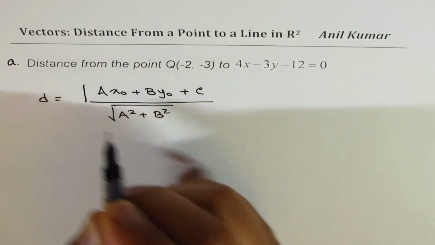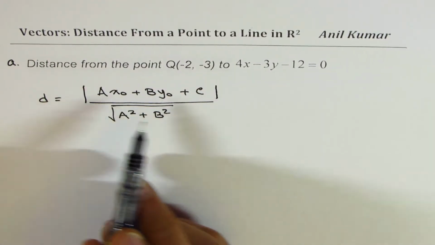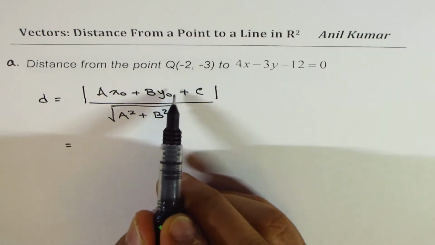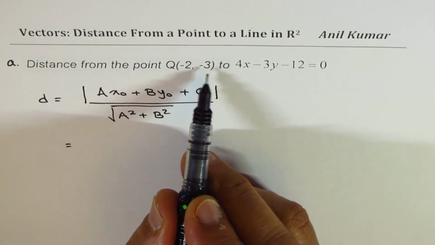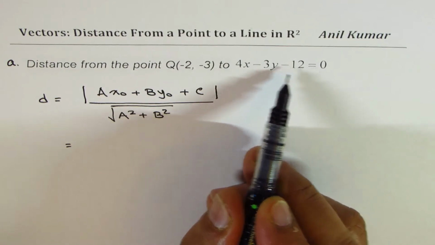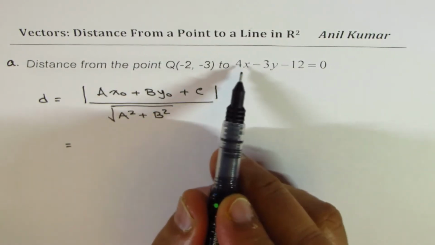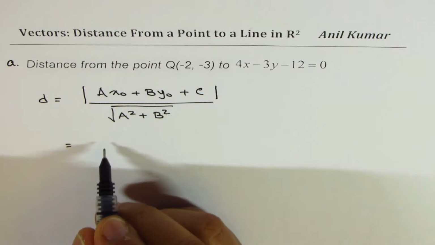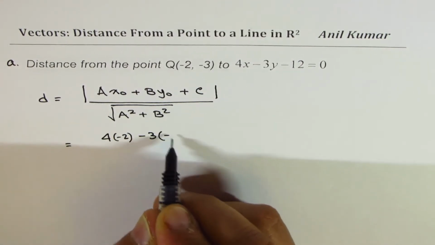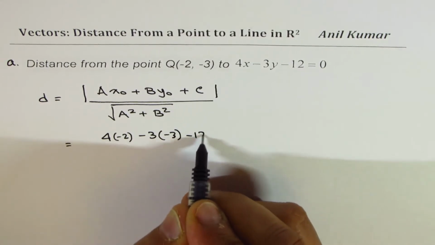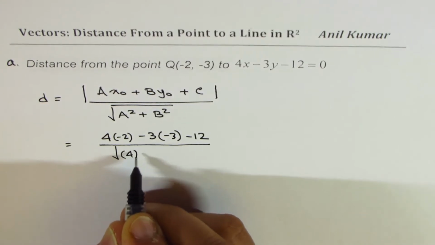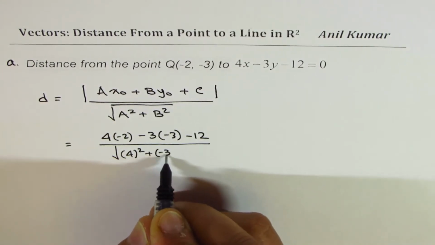Always the distance is positive, so we'll take the absolute value. In this particular case, (x0, y0) is (-2, -3), and a, b and c are 4, -3 and -12. Substituting the values, we get |4(-2) - 3(-3) - 12| over the square root of 4 squared + (-3) squared.